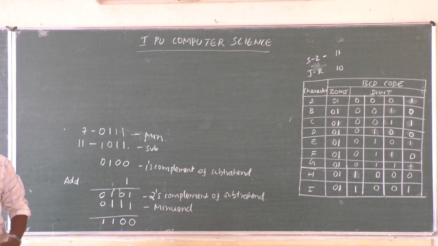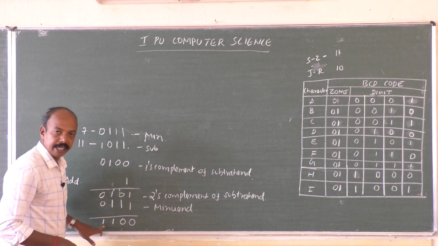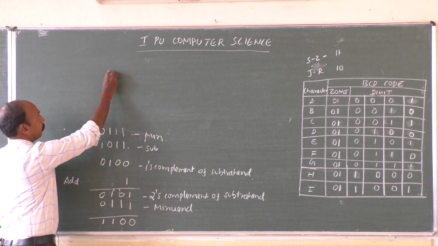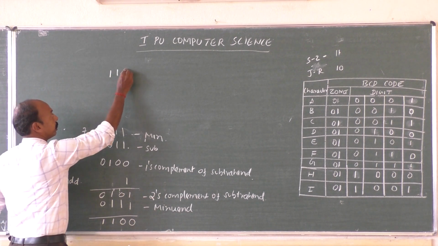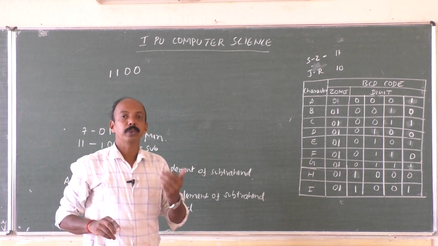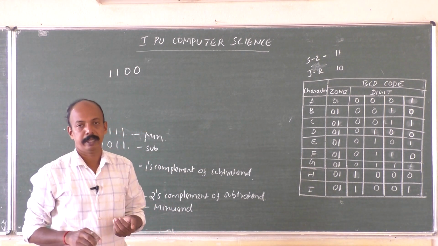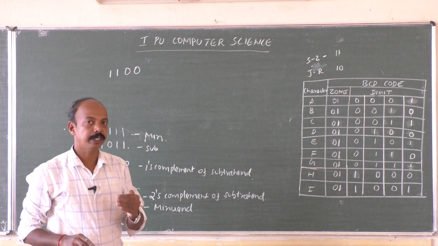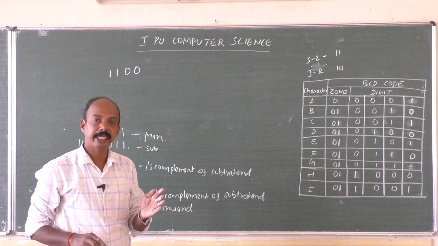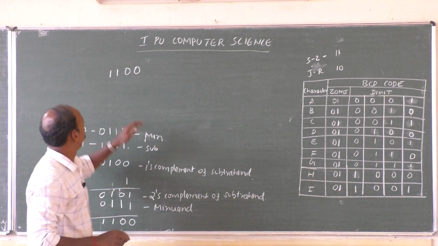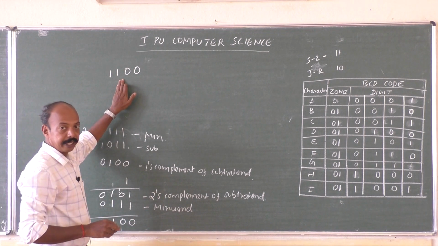When you don't have the end around carry, the answer that we got is 1 1 0 0. This is the answer after adding 2's complement of the subtrahend to the minuend. That's when we are subtracting the larger number from the smaller number. Of course, there won't be end around carry. If you get the end around carry, that means we have gone wrong somewhere. So here there is no end around carry.